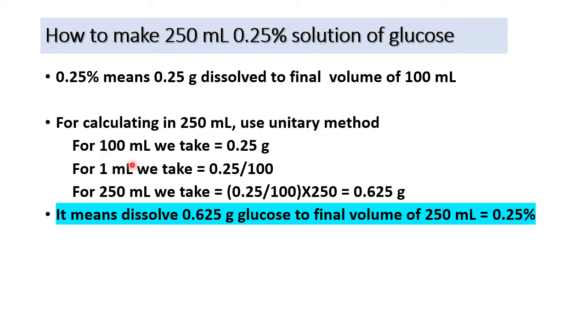For 100 milliliters we have to take 0.25 grams based on this percentage, and for 1 ml we would need 0.25 divided by 100, and for 250 ml we do 0.25 divided by 100 multiplied by 250, which comes out to be 0.625 grams. It means if you dissolve 0.625 grams in some volume, making the final volume to 250 ml, that will be this percent solution.